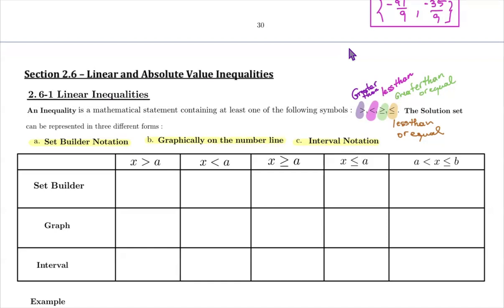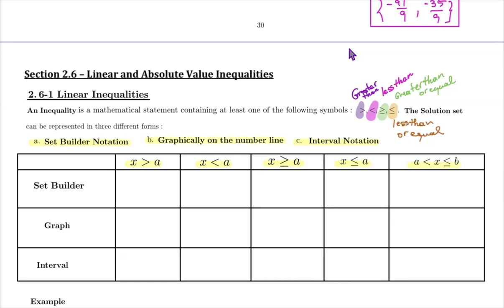So when you're solving an inequality, your answer is going to come out either x greater than a, being a real number, x less than a, x greater than or equal to a, x less than or equal to a, or a compound inequality, where x is in between two of the four inequalities that we presented.